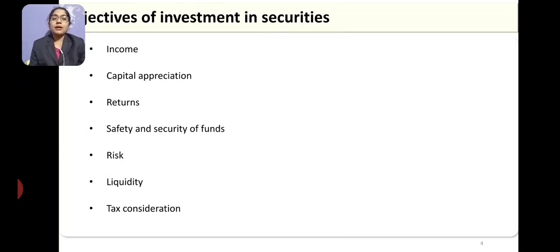And also my overall objective is to get maximum return with the minimum risk that I can take. Okay, I want to maximize my return, but by keeping my risk minimum. Of course risk will be involved, but the best, optimum or ideal investment is one where I get maximum return with the minimum risk possible.